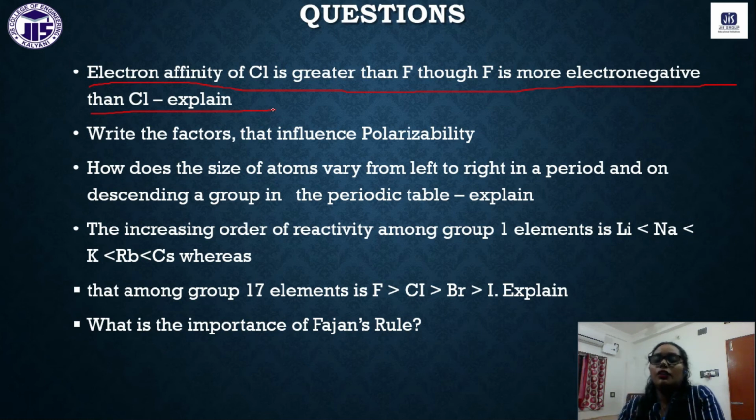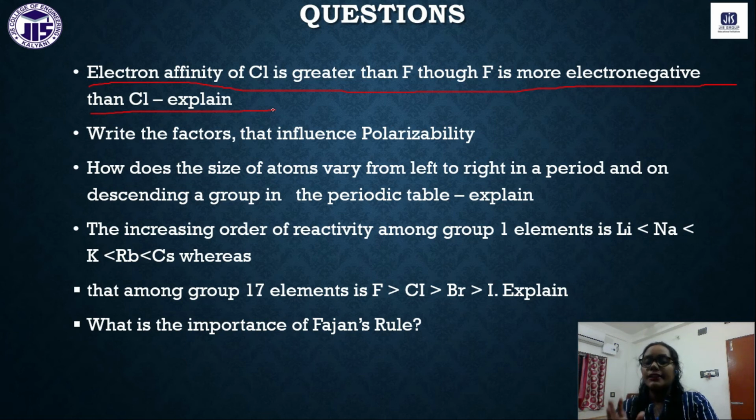Now what are the factors that influence the polarizability? If the size of the anion is very big, what will happen? The electrons are loosely bound, so the electrons can very easily go towards the positive ion while facing the attraction force, right? So the distortion will be higher.